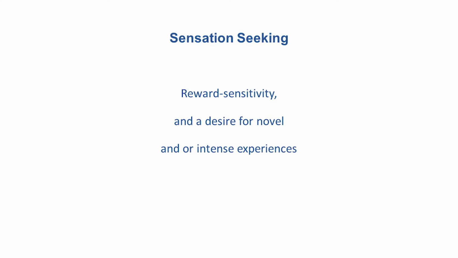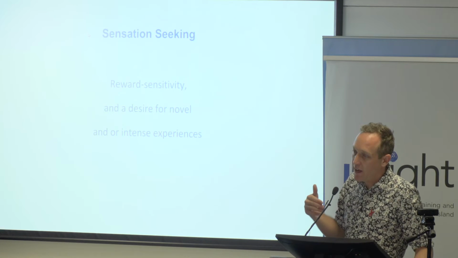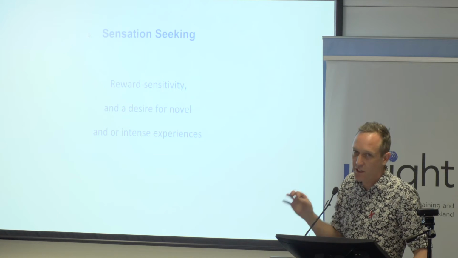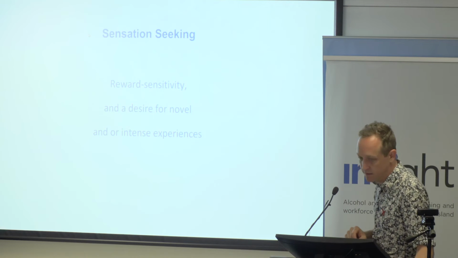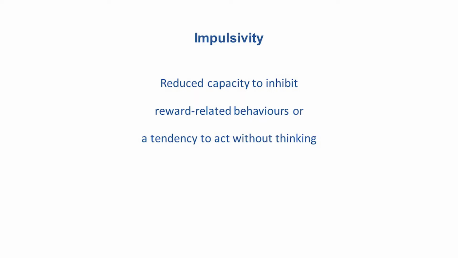Sensation seeking, whilst it might be a key across a lot of people, you'll probably find more sort of recreational users or people who use in more, say, festivals, events or party scenes to enhance their enjoyment of events and to experience novel experiences. And impulsivity is people who have reduced capacity to inhibit a reward-related behaviour, and they act often without thinking, like it's more subconscious kind of motivations.